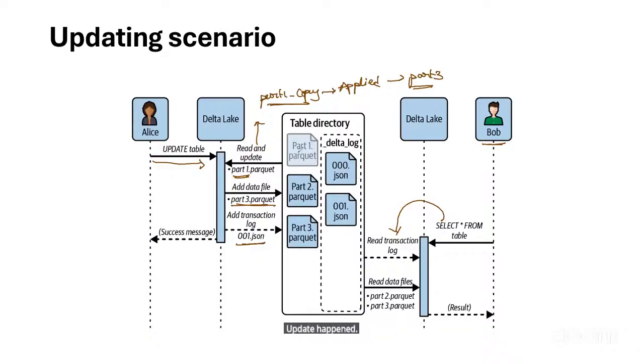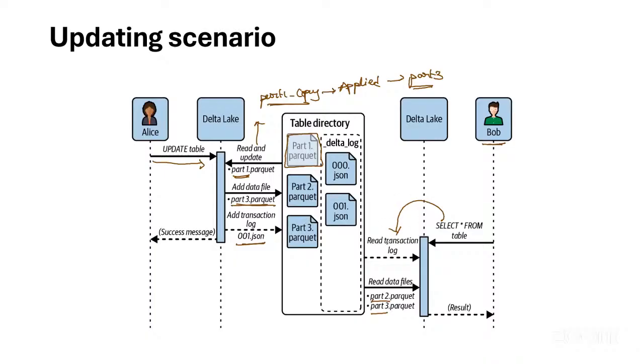Now instead of reading part 1 and part 2, part 2 and part 3 files will be given as a response to the SQL query of Bob, because part 1 is updated. Part 1 is still there in the tables directory, but hidden. Now it is part 2 and part 3.